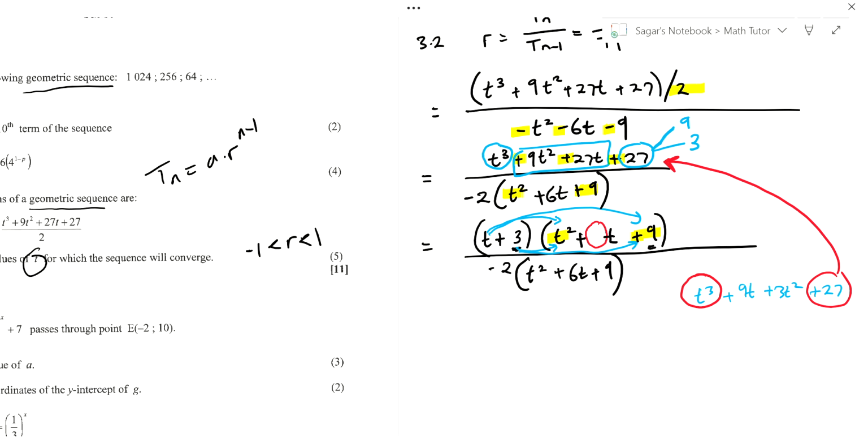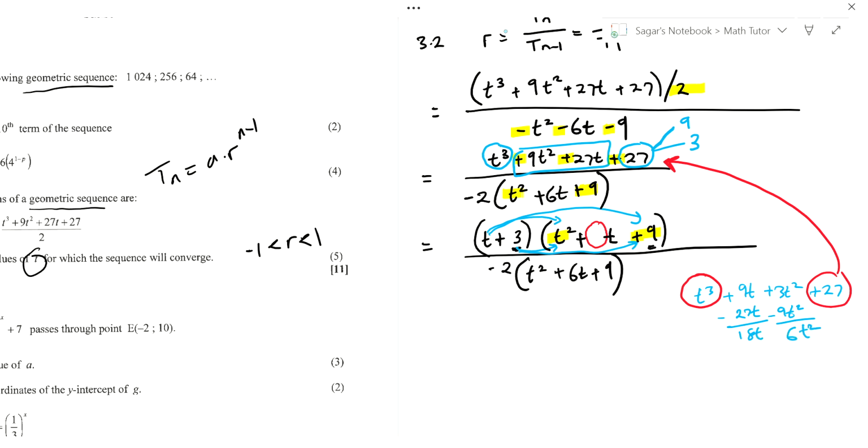The only thing lacking is that instead of 9t we have 27t, and instead of 3t squared we have 9t squared. So we still have an amount missing. In this case it's 18, in this case it's 6.